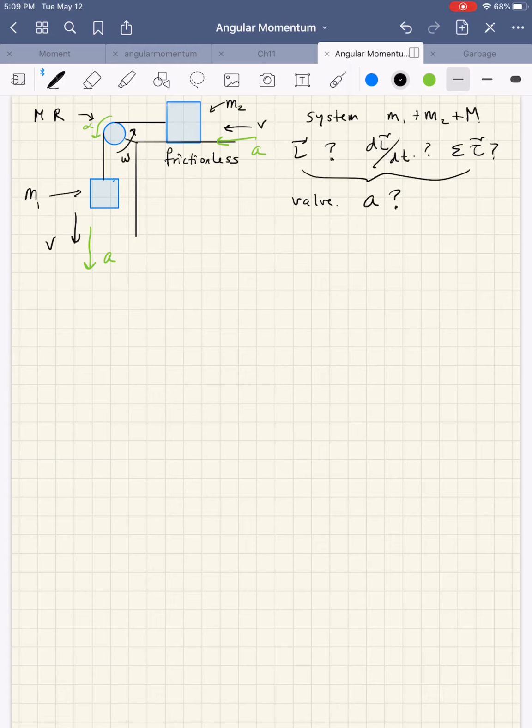So look, we have another way of calculating acceleration as a comparison value to what I'm about to do.